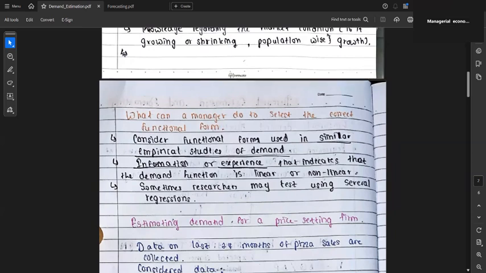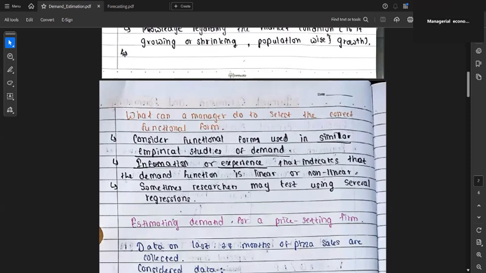Let's say the manager is the manager of a coconut oil company. For a similar product, another coconut oil company, the functional form they have used to analyze their demand estimation, the manager may assume the same functional form and conduct their studies for their product.